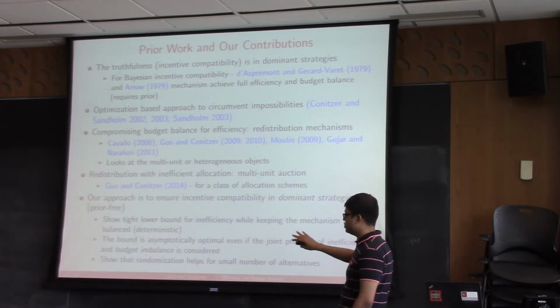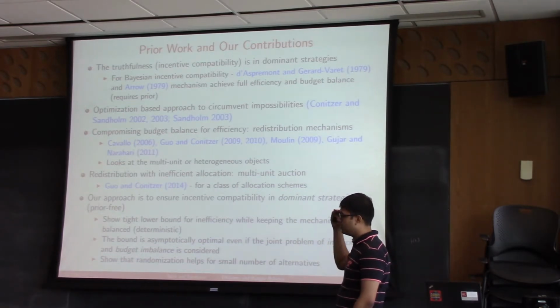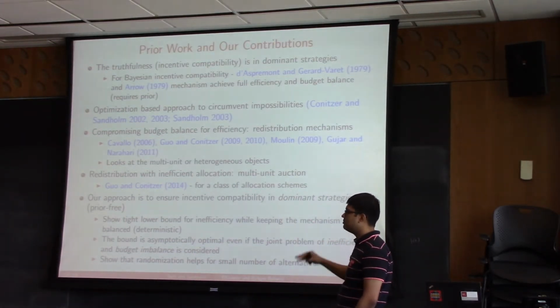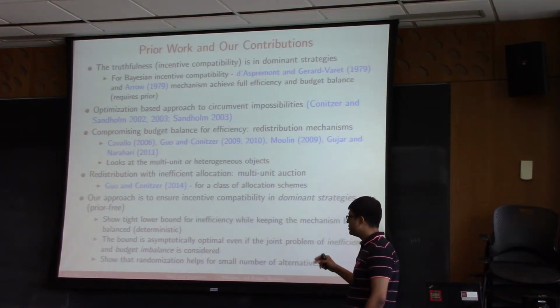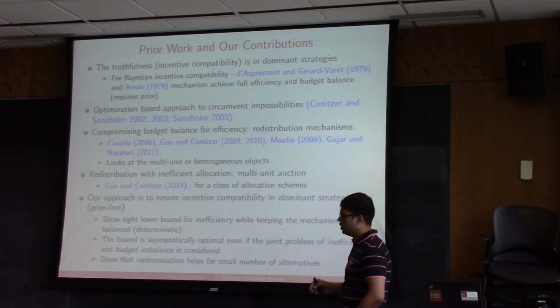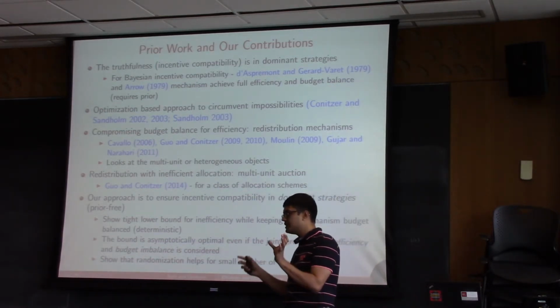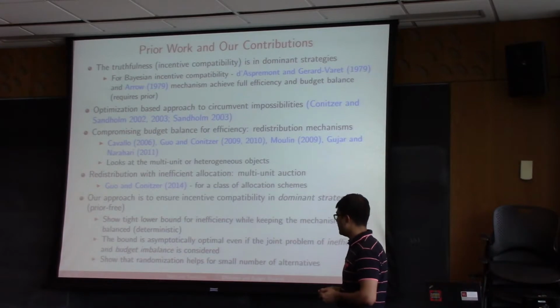In the first part, we just consider deterministic mechanisms and look at the budget balanced, strategy-proof deterministic mechanism and give a lower bound on the inefficiency. And in the second part of the deterministic analysis, we look at the joint problem of inefficiency and budget balance together and see whether we can improve our inefficiency bound in any way.